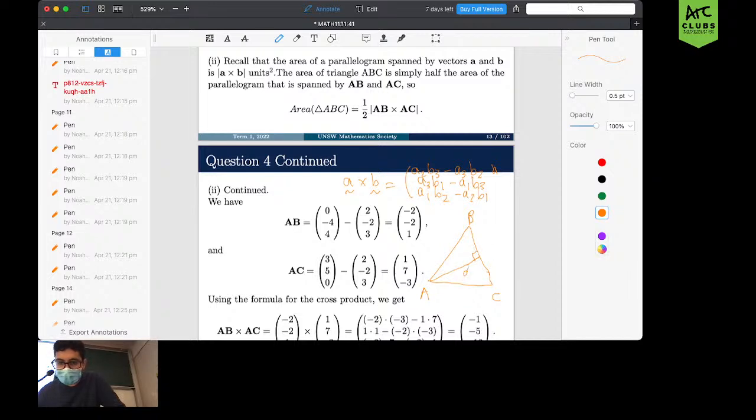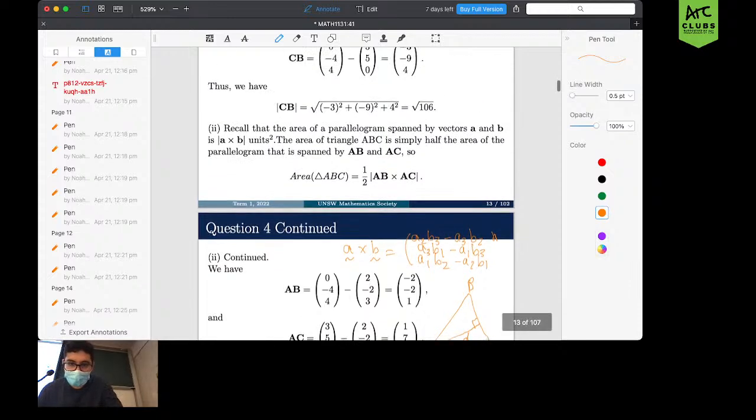So we're trying to find the distance from A to the interval BC, and we'll let it be D. And recall it's the perpendicular distance. Well, we know the area of the triangle, and we also know from part 1 what the length of BC is, or the vector CB.